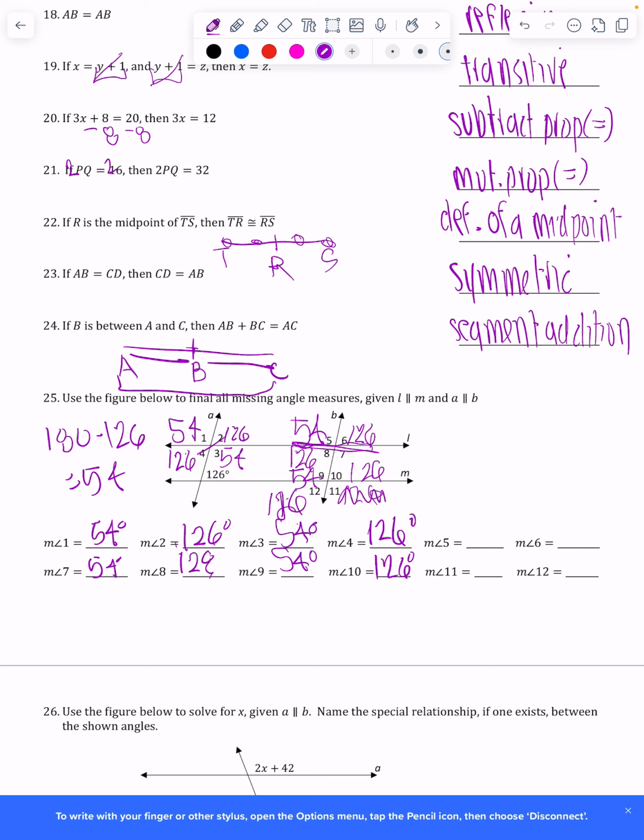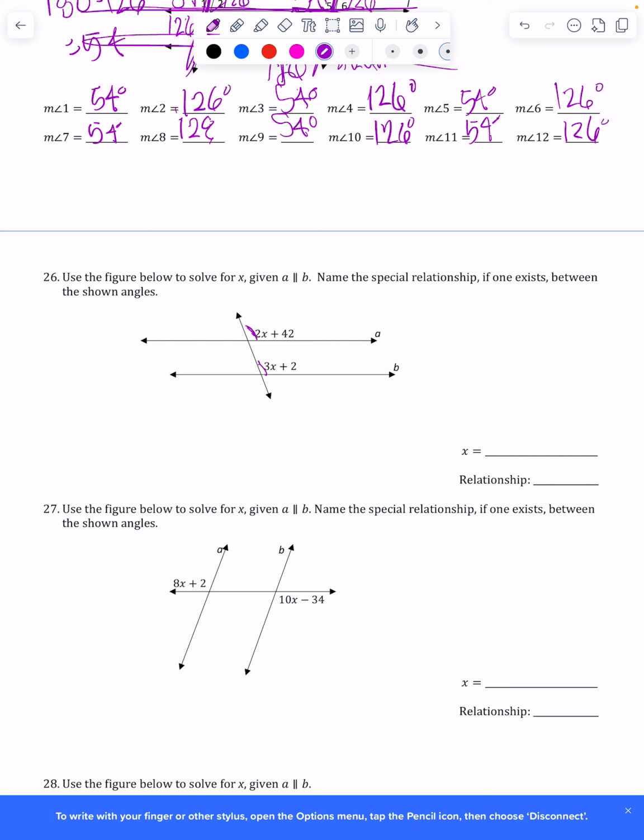Okay, moving down here. Well, what I'm going to point out right off is the relationship, and they're corresponding angles. And we know that corresponding angles are congruent to each other. So I'm going to go ahead and do 2x plus 42 equals 3x plus 2.